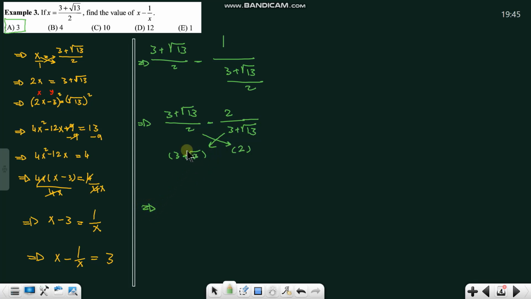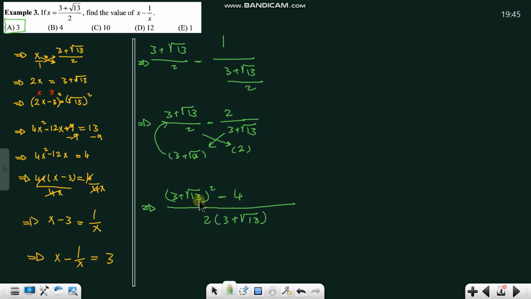Now, if I multiply it, it will be (3 plus square root 13) squared, because this multiplied numerator is going to be this one. And the denominator will be the same, because it's going to be 2 multiplied by (3 plus square root 13), minus 2 multiplied by 2, which is 4.